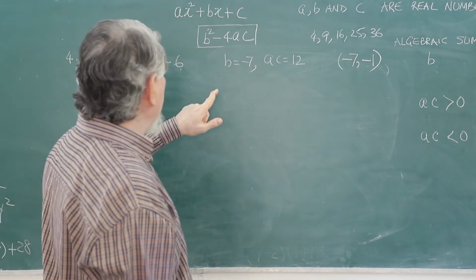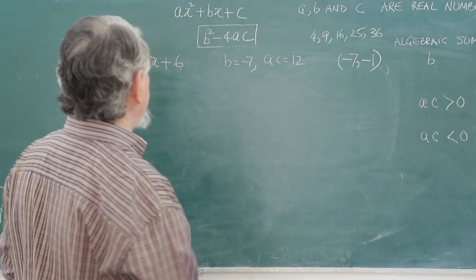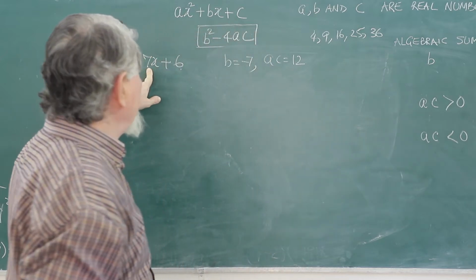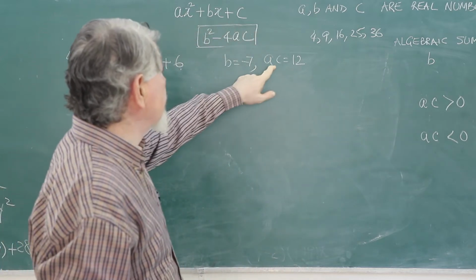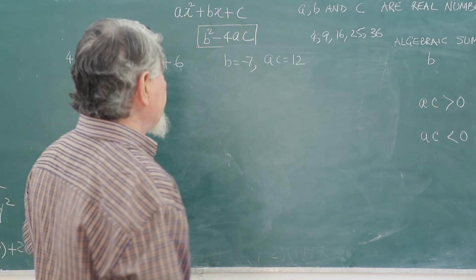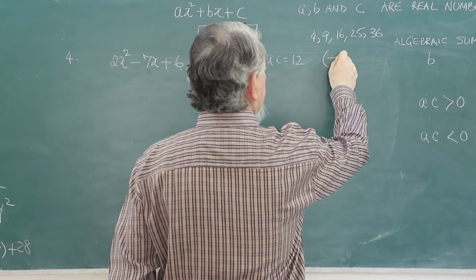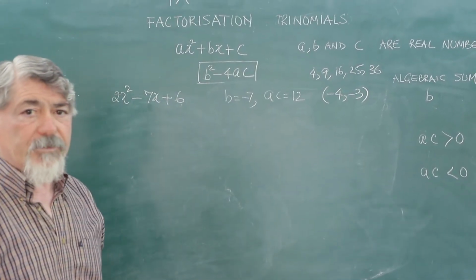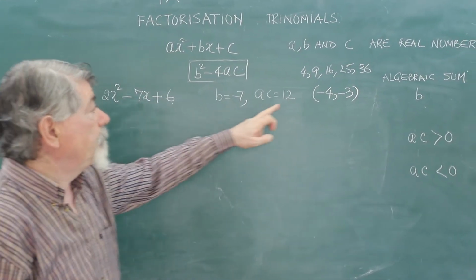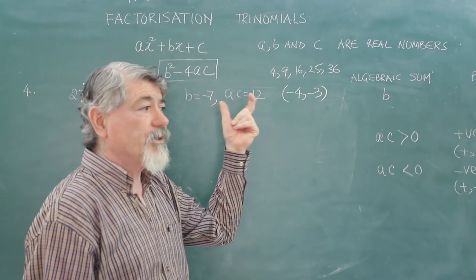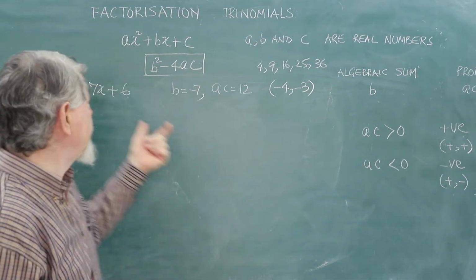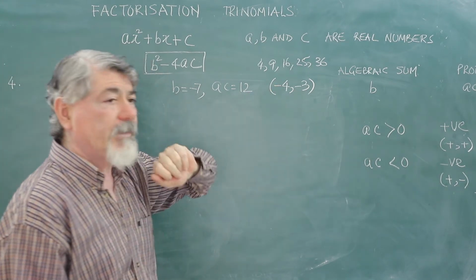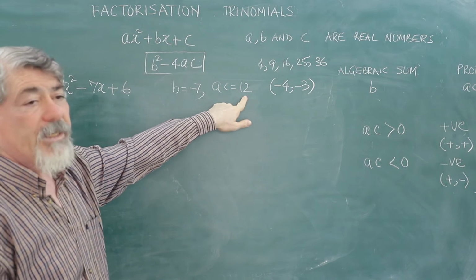So I have now AC is 12, b is minus 7. So what I can do is minus 4, minus 3. The split of the 7 will be minus 4 minus 3, because minus 4 minus 3 will give you minus 7, and when you multiply minus 4 and minus 3, you will get plus 12.